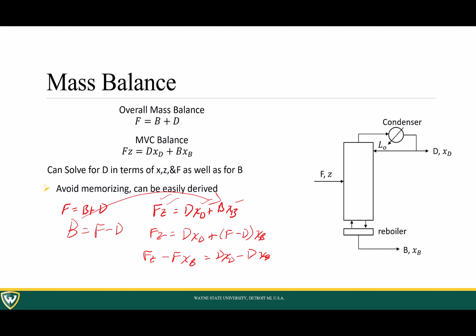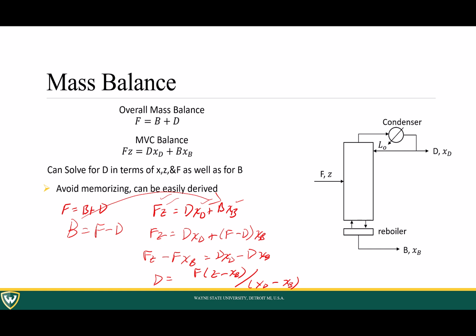Doing all that factoring and dividing out, we find that our distillate flow rate D is equal to F times Z minus XB over XD minus XB. So that's an equation that you can derive. It's not super hard, and you would be given all this information. That's an equation you can solve for your distillate flow rate in terms of your Z composition, your feed flow rate, XB and XD.